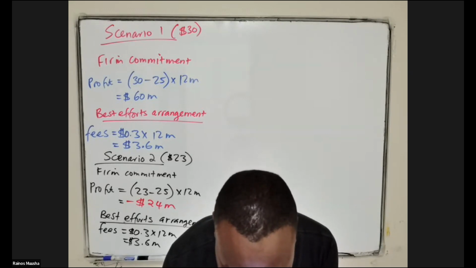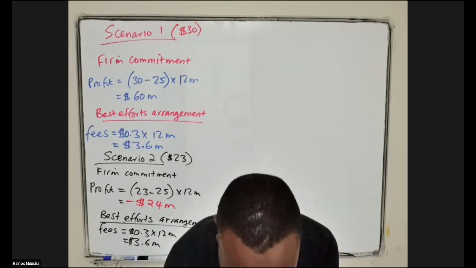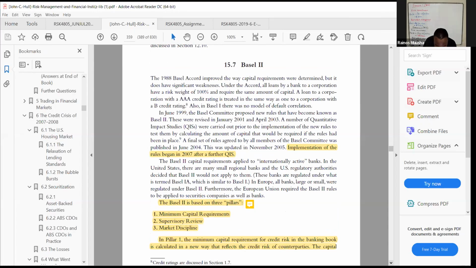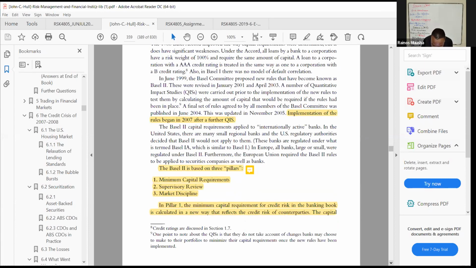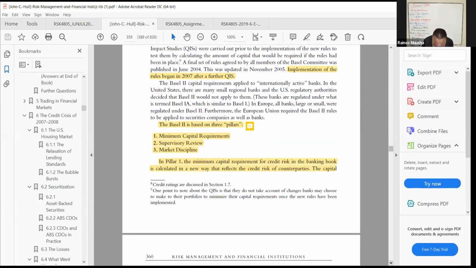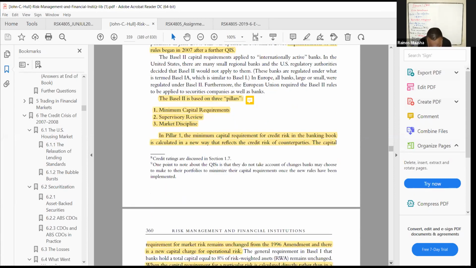So if you check on page 359, this is where they discuss Basel II, where they say the implementation of the rules began in 2007 after further QIS meetings. Then they also say Basel II is based on 3 pillars: the minimum capital requirements, the supervisory review, and also the market discipline.